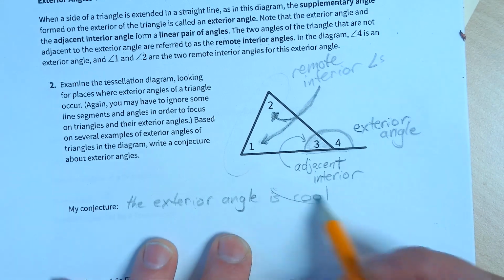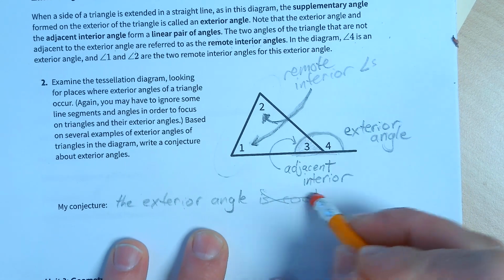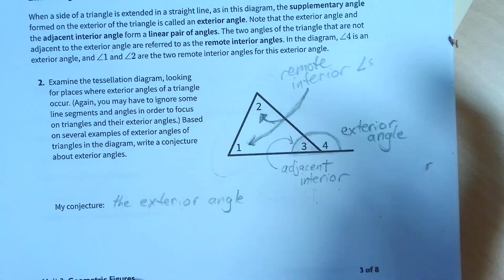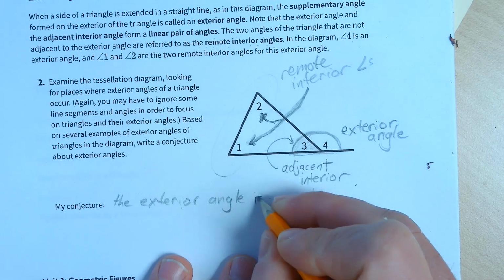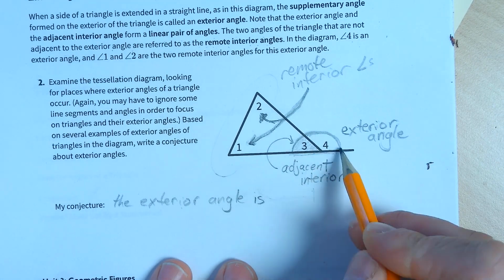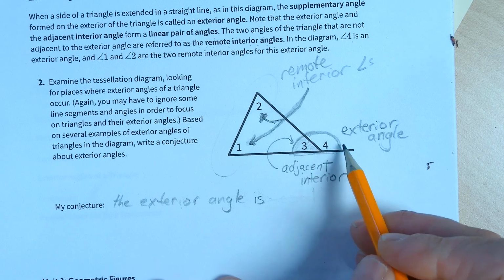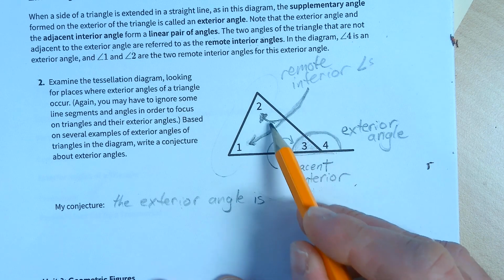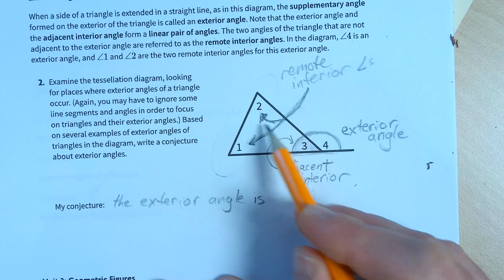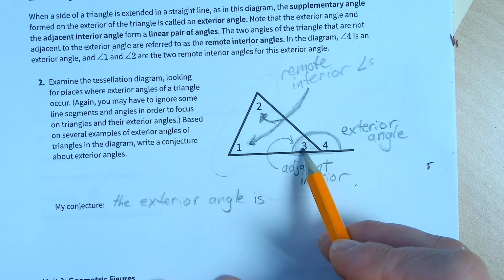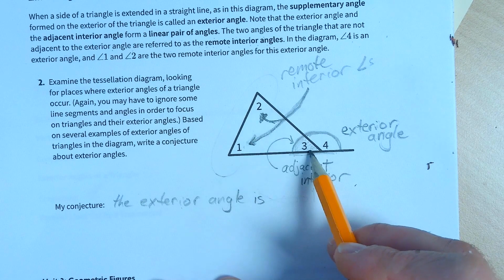No, don't write that. That's not a mathematical conjecture, that's an opinion. Okay. Well, it's a linear pair. That's not even a conjecture. What could we conject? Well, here's an interesting idea. This adds up to 180, and everything inside here adds up to 180. So maybe the 4 and the 3 add up to 1, 2, and 3.